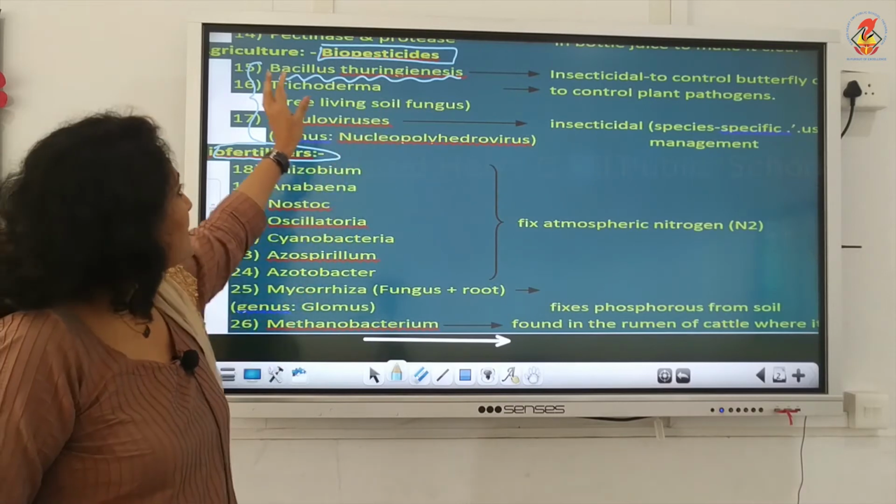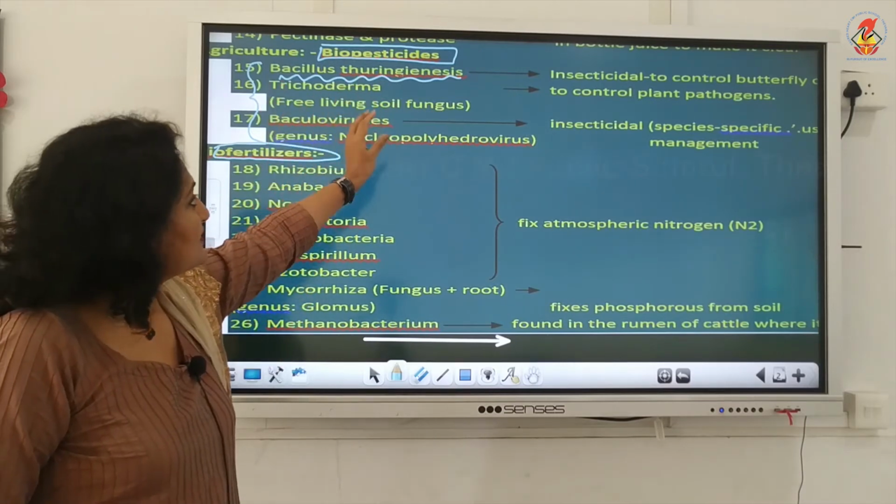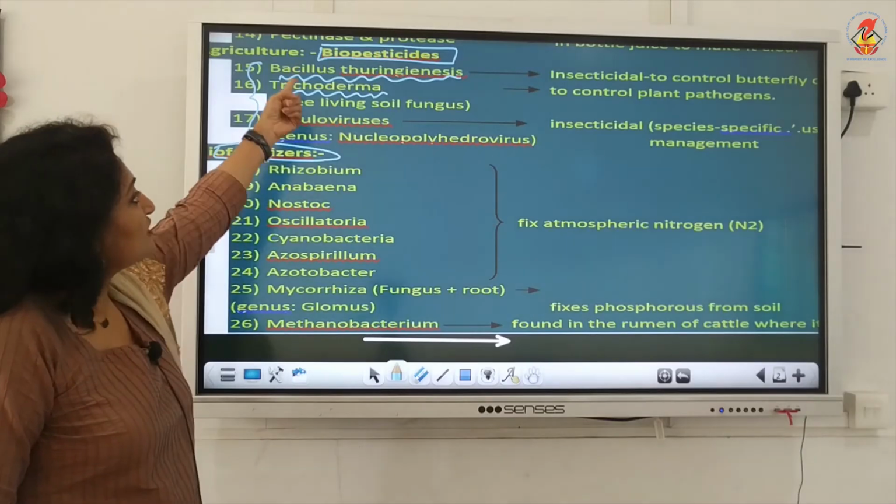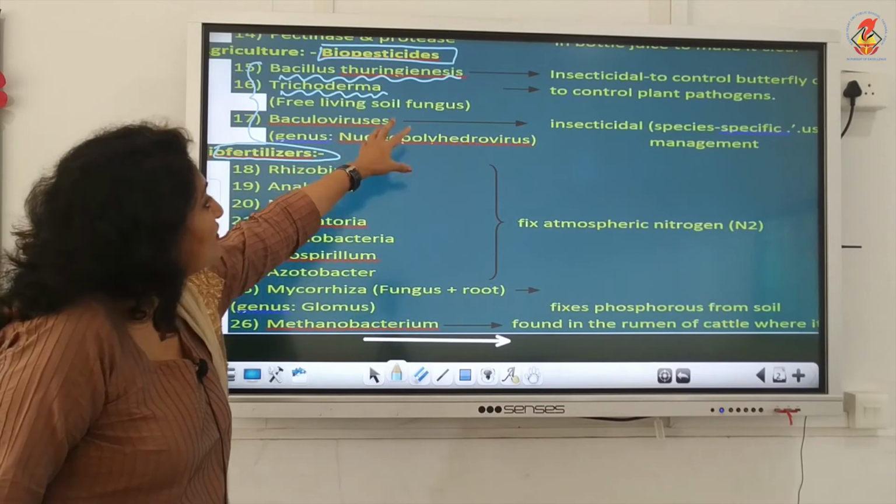As of now, you remember Bacillus thuringiensis is insecticidal to control a number of insects belonging to coleopterans, lepidopterans and dipterans. Next, Trichoderma is also free living. It is a fungus. The previous one is a bacterium. This is a free living fungus.